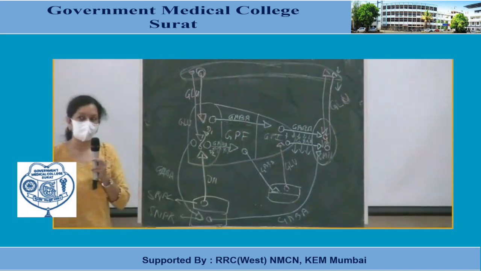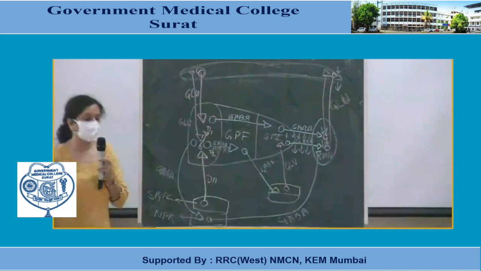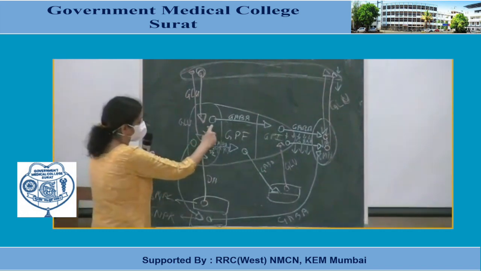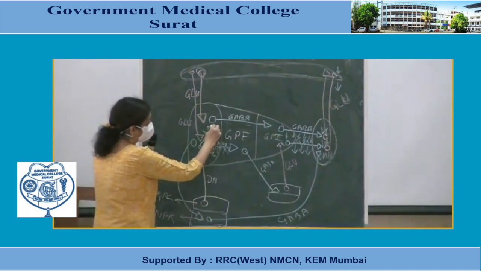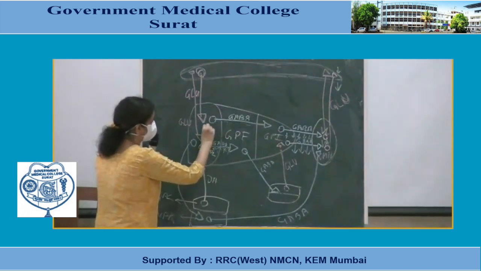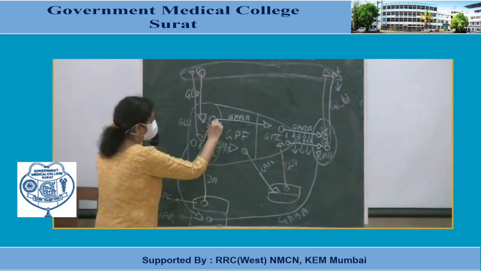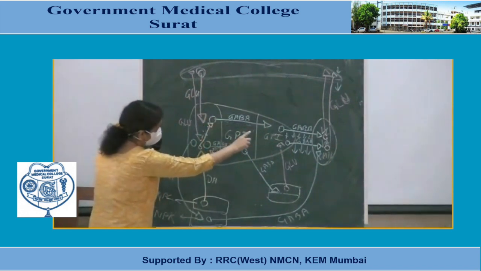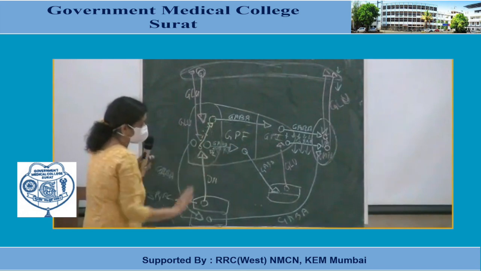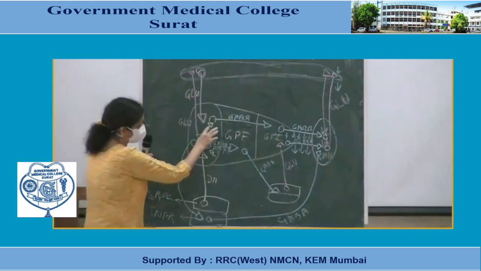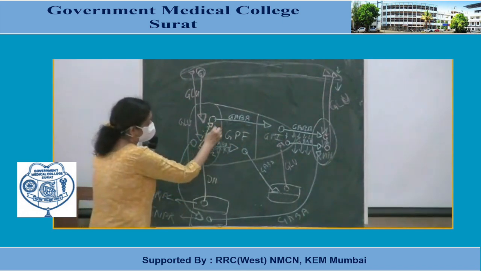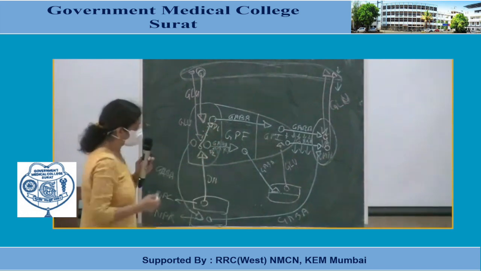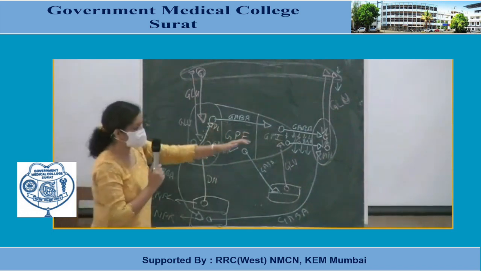These D1 receptors synapse with the GABAergic fibers of the direct pathway.